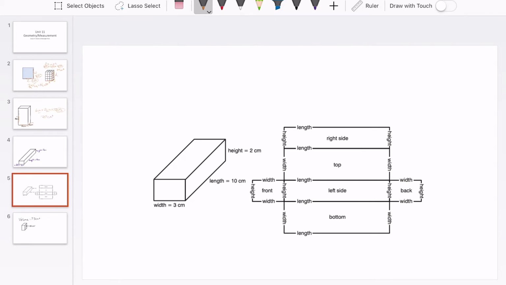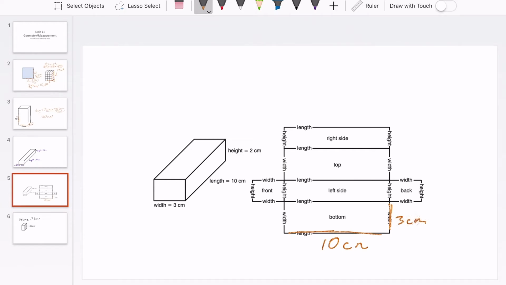This same prism I have now made into what is called a net. I've unfolded this. What does the expression length times width represent for the formula of the volume of a prism? If I'm just looking at this bottom piece here, this length is 10 centimeters, and the width here is 3 centimeters.